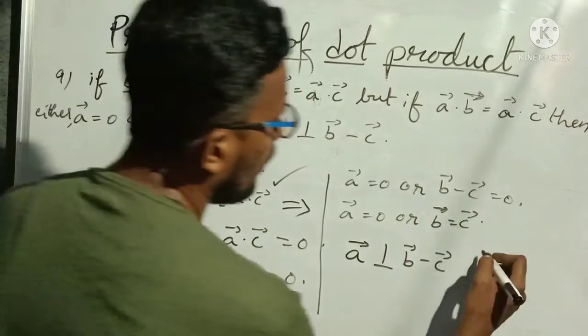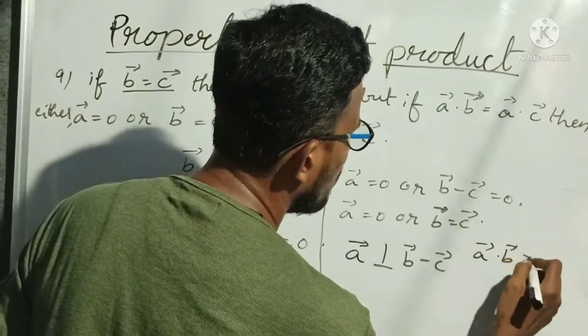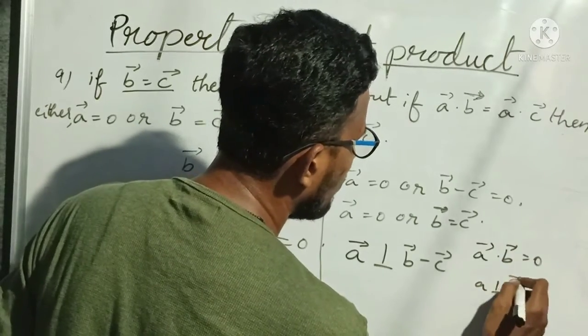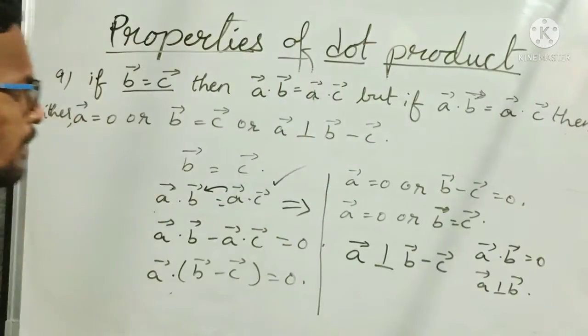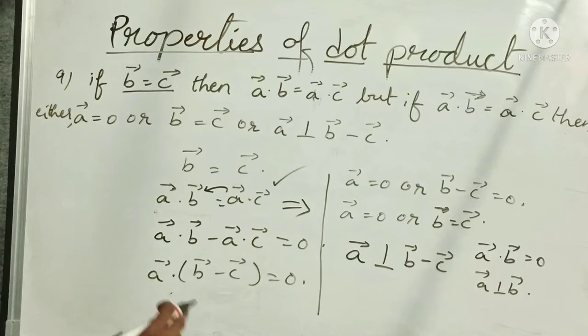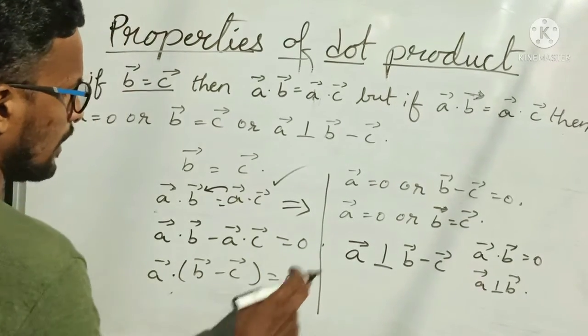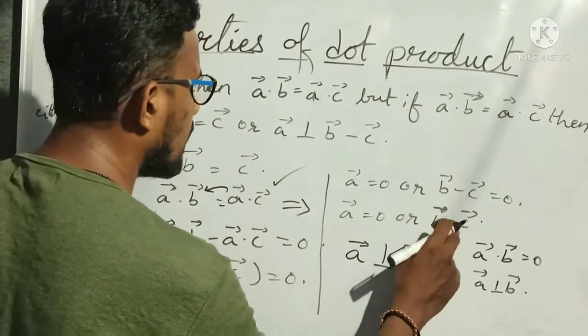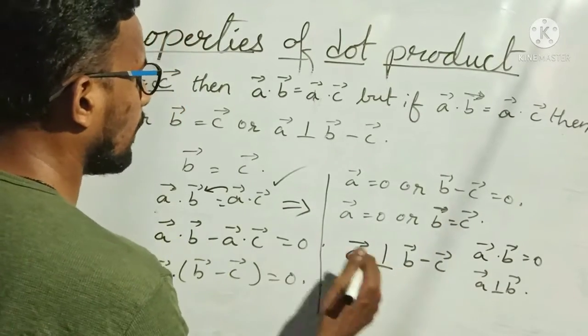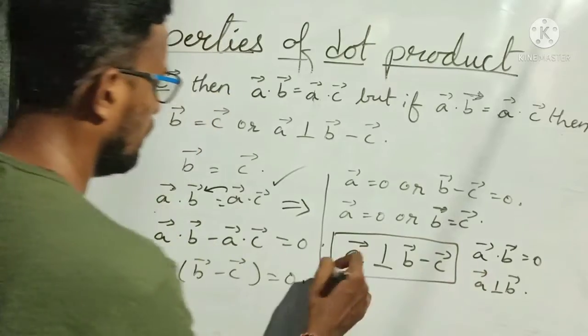See here, if A bar dot B bar is equal to 0, then directly we can say that A bar is perpendicular to B bar, right? Yes, in the same way, A bar dot (B bar minus C bar) is equal to 0 means either A bar is equal to 0, or B bar is equal to C bar, or A bar is perpendicular to B bar minus C bar. Understood?